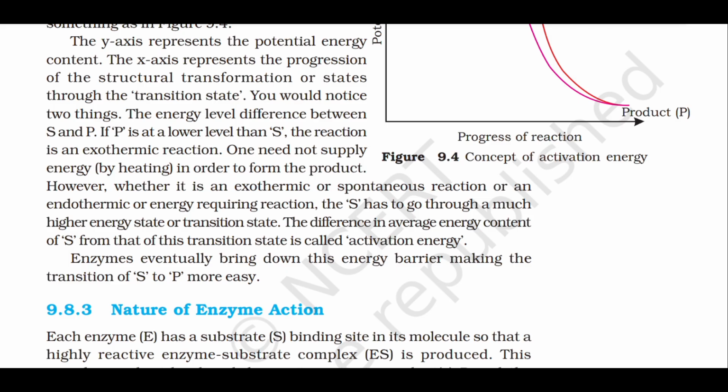However, whether it is an exothermic or spontaneous reaction or an endothermic or energy requiring reaction, the S has to go through a much higher energy state or transition state. The difference in average energy content of S from that of this transition state is called activation energy. Enzymes eventually bring down this energy barrier, making the transition of S to P more easy.